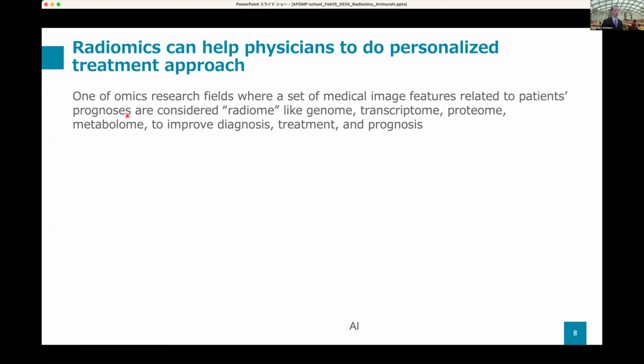Okay, so radiomics is one of the omics research fields, where a set of medical image features related to patient's prognosis is considered the radiome, like the genome, transcriptome, proteome, and metabolome, to improve diagnosis, treatment, and prognosis.